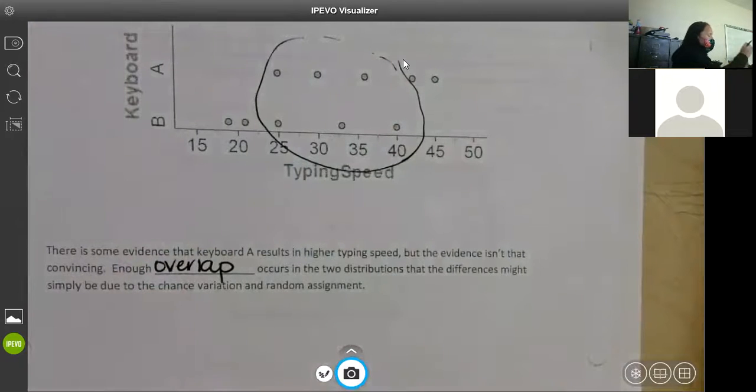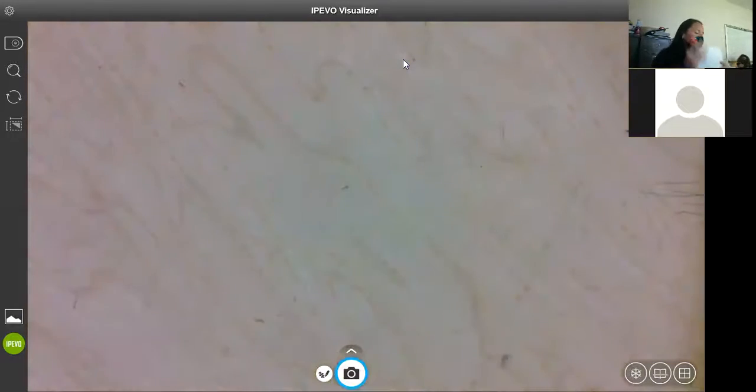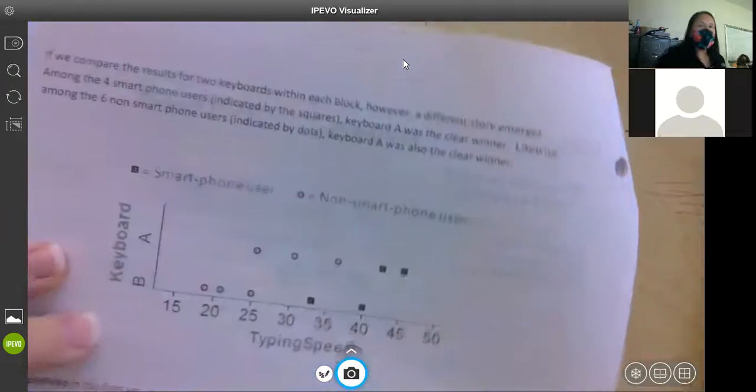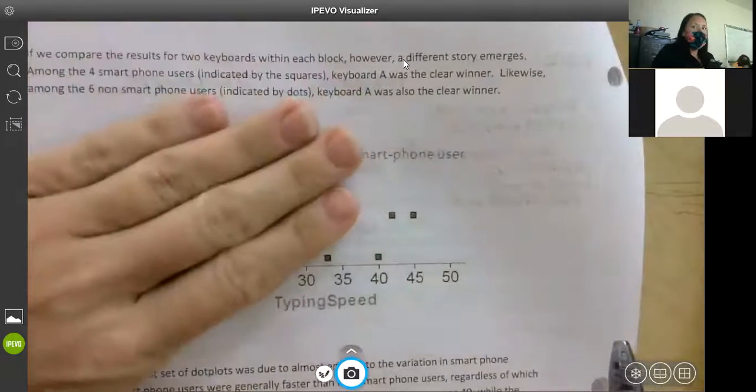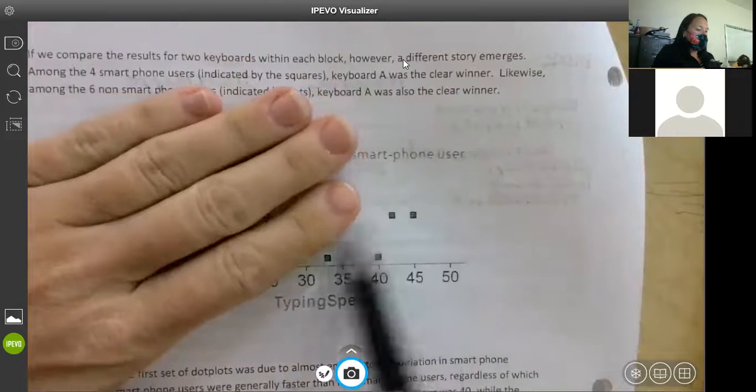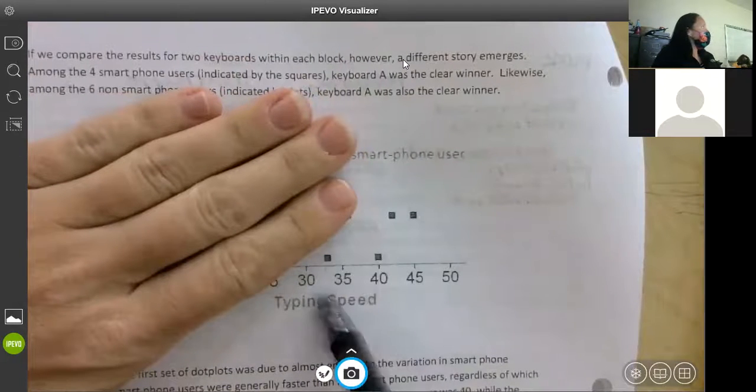So we're going to look at a couple more graphs. If we compare the results for the 2 keyboards within each block, however, a different story emerges. Among the 4 smartphone users indicated by squares, keyboard A was a clear winner. So these right here are the ones that use smartphones, okay?